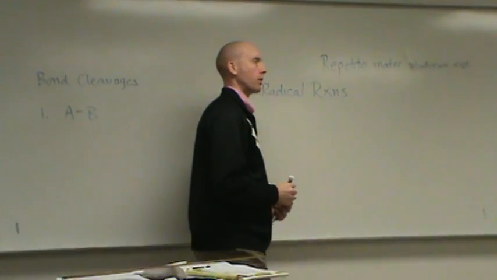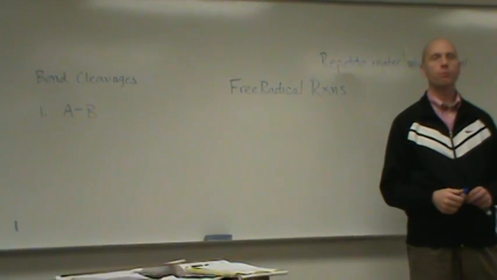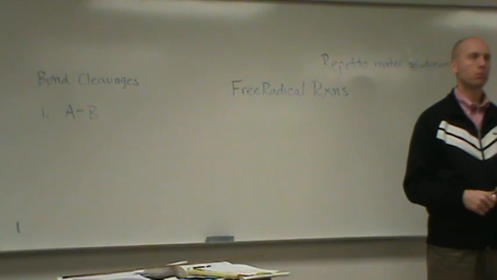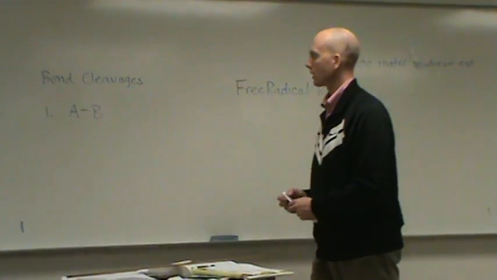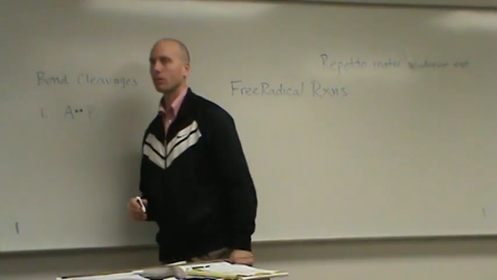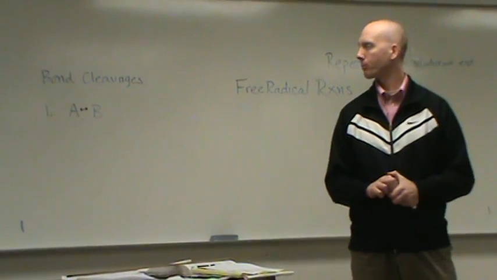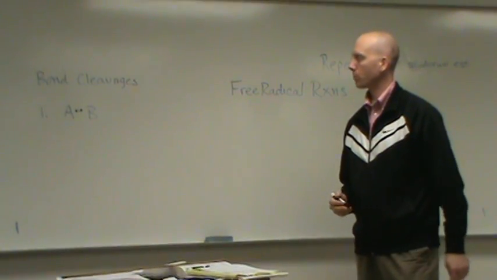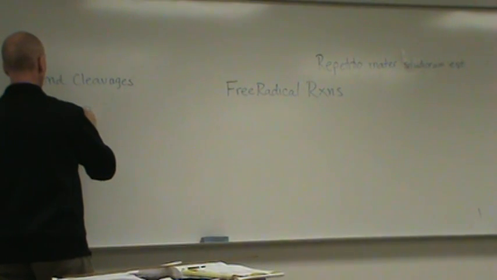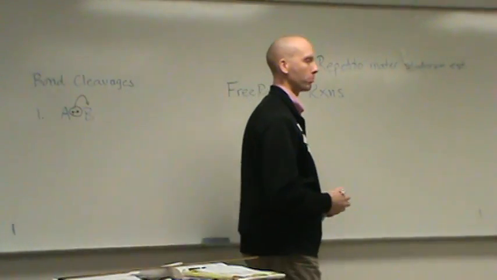Let's suppose we had a hypothetical bond between A and B. What makes up that bond? Electrons. So let's put two electrons in there. We learned that from our Lewis structures. Well, one way this bond could cleave is if both of these electrons went to one particular atom.